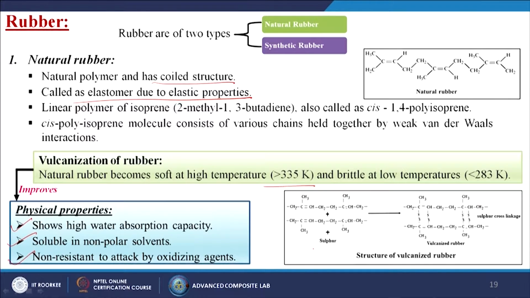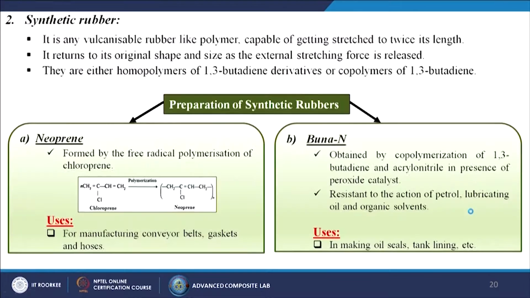Here, as I told already, we are adding sulfur as a vulcanizing agent and making the vulcanized rubber, and you can see that sulfur makes cross-links in between the polymeric chains.